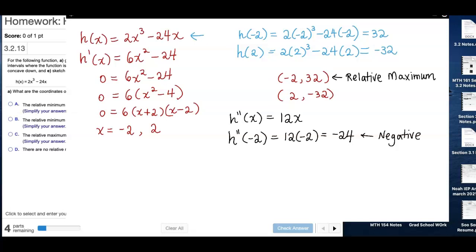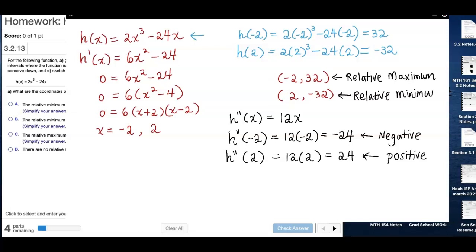I'm now going to check h double prime of positive 2. If I plug in positive 2 into the second derivative, I will get positive 24, and a positive second derivative means 2, negative 32 is a relative minimum.